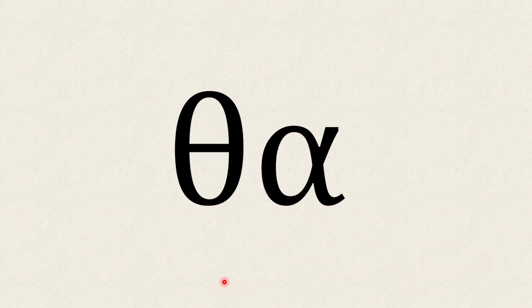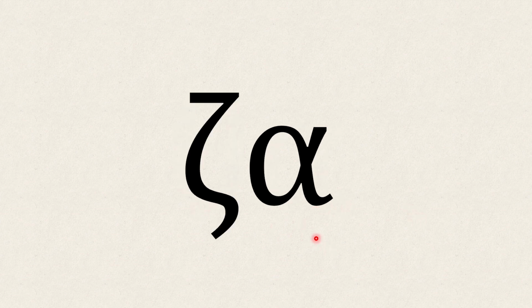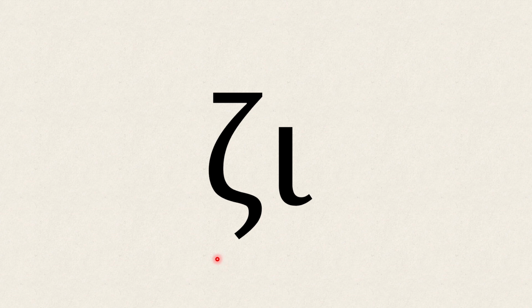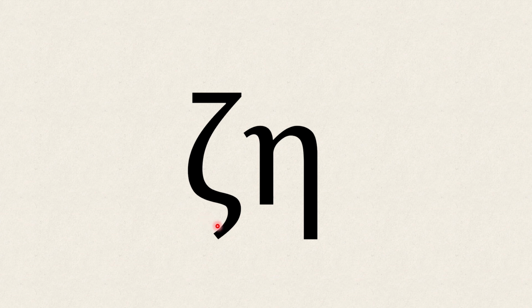I'll sound these out and then put them together again. Th, a, tha, tha, tha. Z, a, za, za, za. Z, i, zi, zi, zi. Z, e, ze, ze, ze.